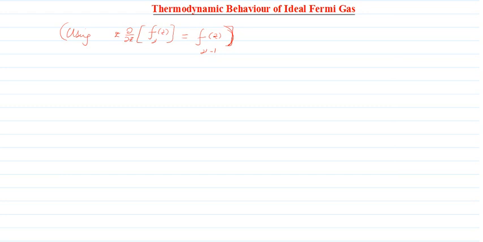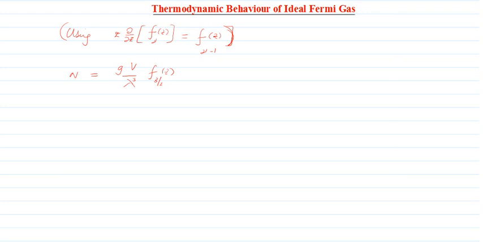Now by including the degeneracy also, we can write the previous equation as N is equal to g into v by lambda cube, if you bring back the degeneracy factor g_s or simply g, into f of 3 by 2 of z. But we are interested in number density, because it's the particle density which is a distinguishing feature of quantum systems.